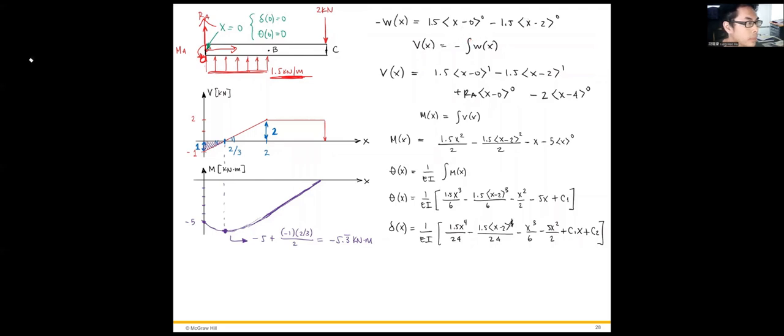So the shear force equals the integration of the distributed load, or the load intensity. We can take the integration of this term and this term, and we get 1.5 times x minus 0 at point A, with the power of 1, first order. We just modify the order from 0 to 1.